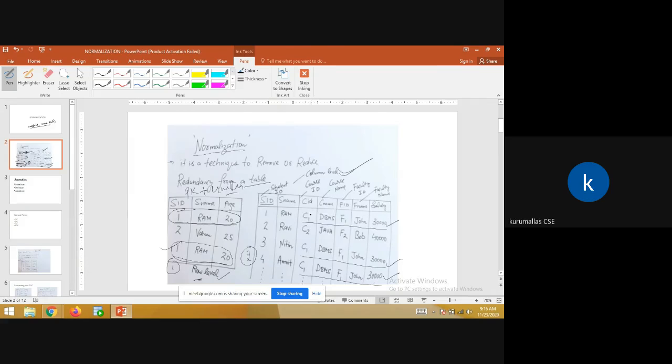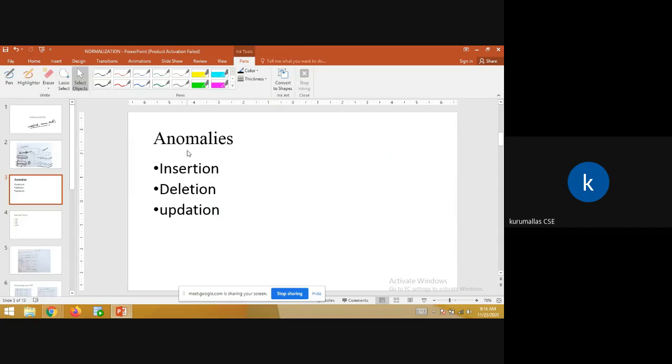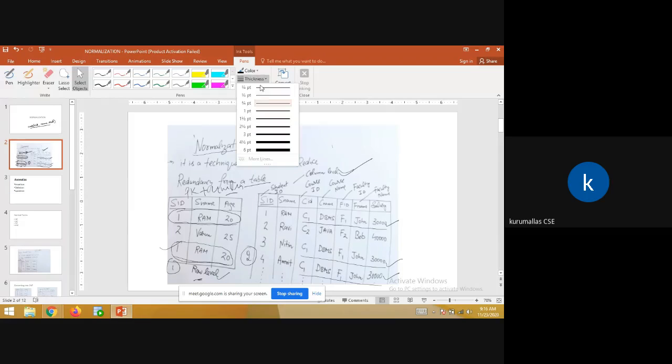Suppose you observe the insertion anomalies. These anomalies occur because of column-level redundancy of the data: insertion, deletion, and updation anomalies. We have to see one by one how the redundancy occurs and how the problem arises. In the insertion anomaly, suppose you want to insert student 5, some Raja.